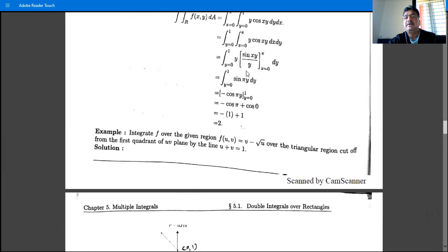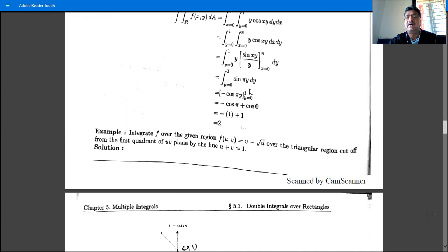Then value at the upper limit, substitute x as pi, and then substitute x as 0, sin 0 is 0, so the value at the lower limit is 0. If we substitute x as pi, then we have sin pi y, y gets cancelled here.